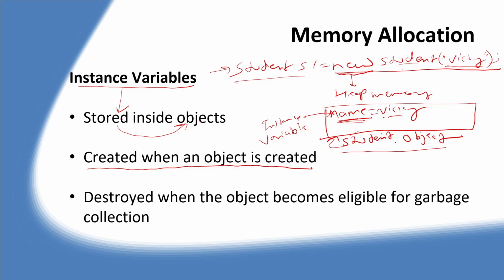Inside the student object. So that's what it is telling. Instance variables are created when an object is created. Okay. And what is telling? Destroyed. Instance variables are destroyed when the object becomes eligible for garbage collection.